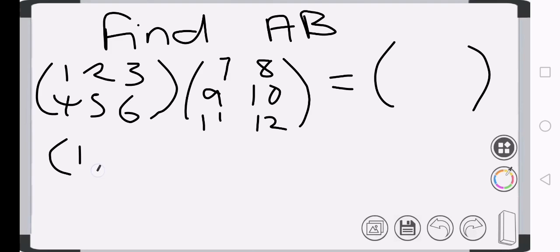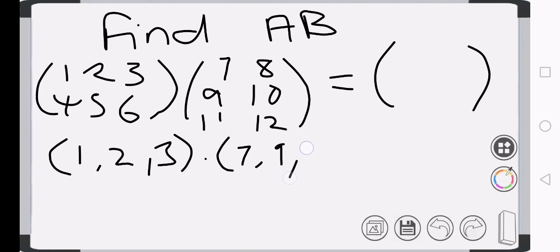So it will be 1, 2, 3 multiplied by 7, 9, 11. As you can see, these are not matrices. These are what we call vectors. So this process is called dot product, which you'll learn later on. But as for now, you have to get to use this method to find multiplication.